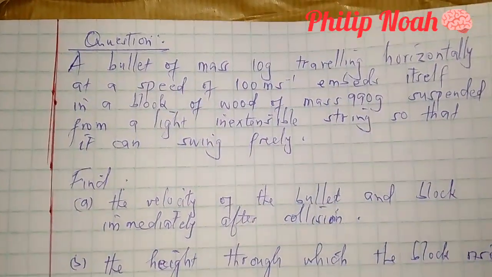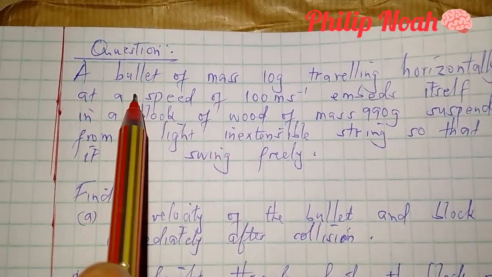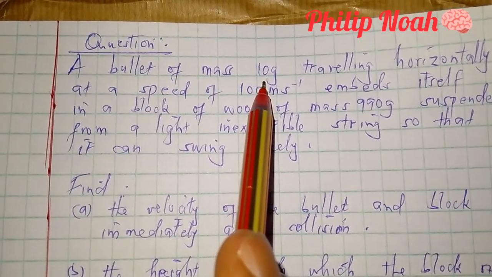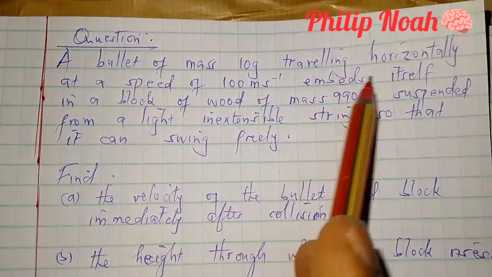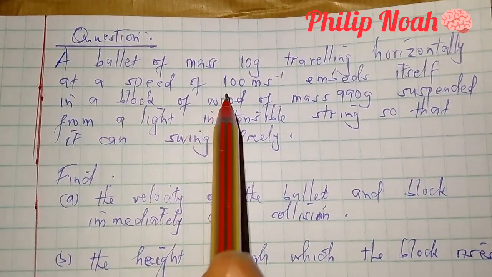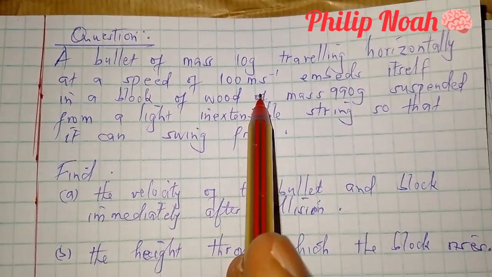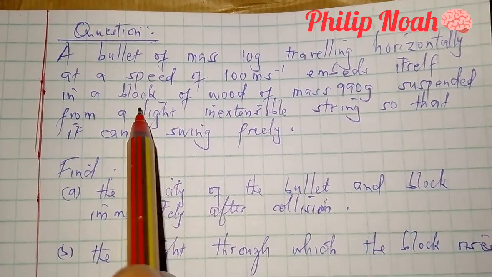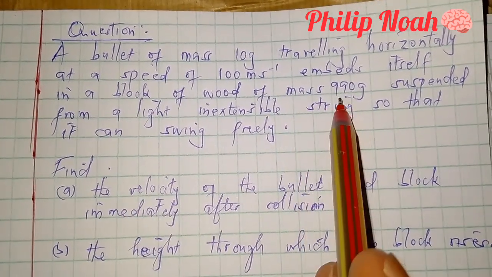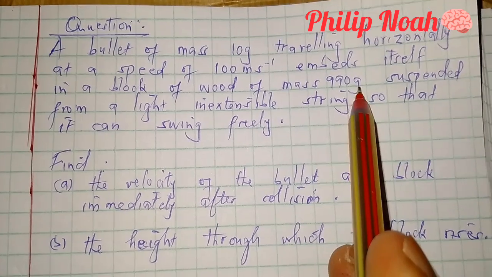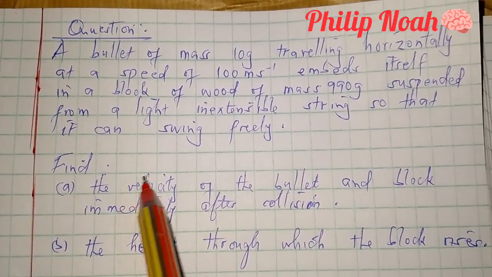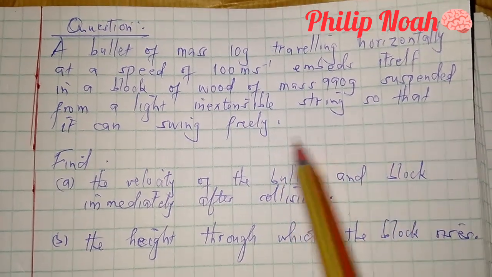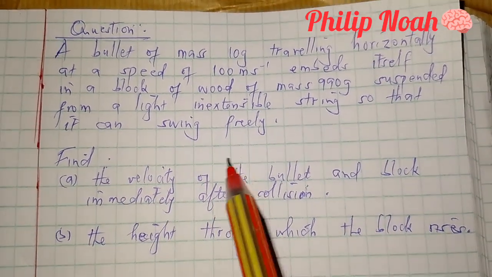So, a bullet of mass 10 grams traveling horizontally at a speed of 100 meters per second embeds itself in a block of wood of mass 990 grams suspended from a light inextensible string so that it can swing freely.